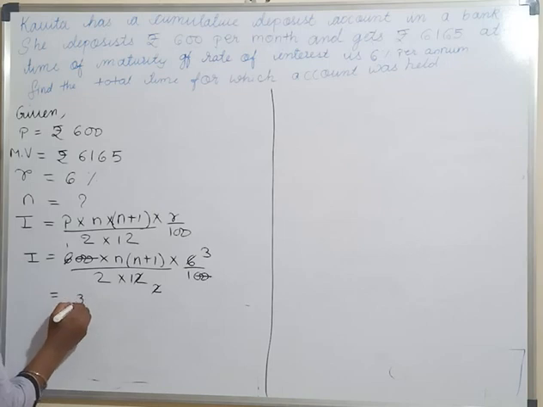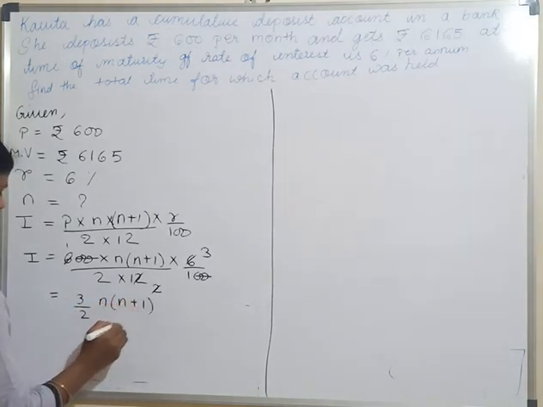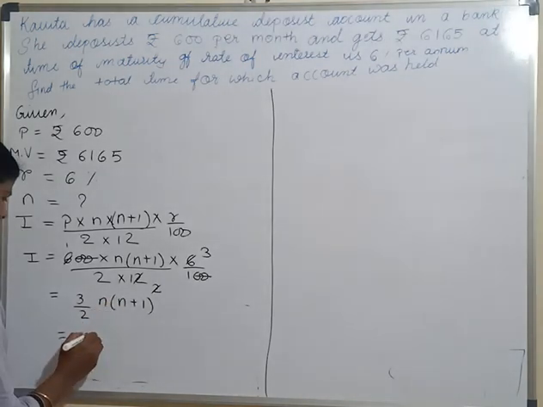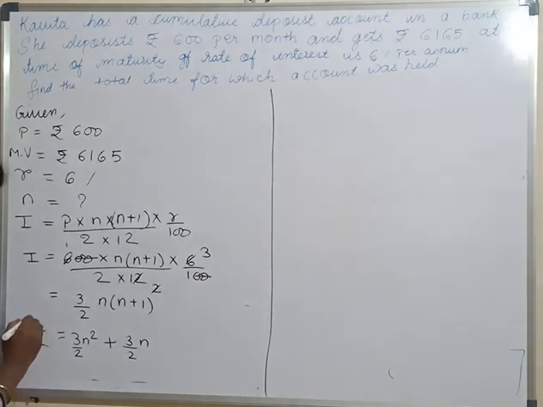So we are having 3 upon 2 n into n plus 1, that is 3 upon 2 n square plus 3 upon 2 n. This is the interest.